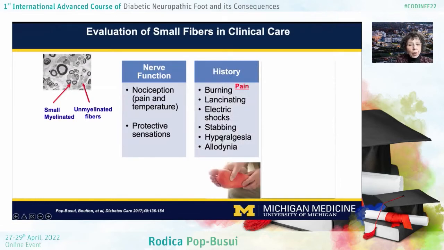And the symptom that dominates the clinical scenario is this burning, lancinating pain, electric shocks, including hyperalgesia and allodynia, very specific forms of painful sensation that can be experienced even at contact with non-painful stimuli.